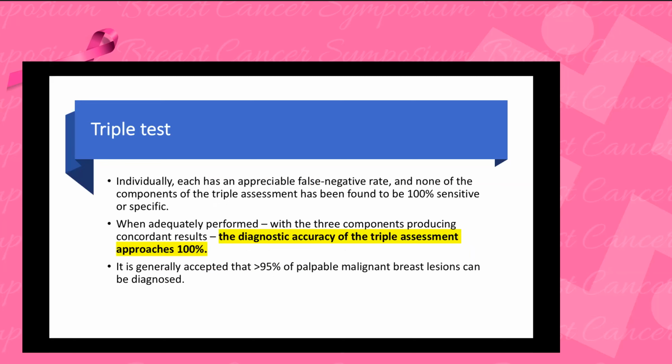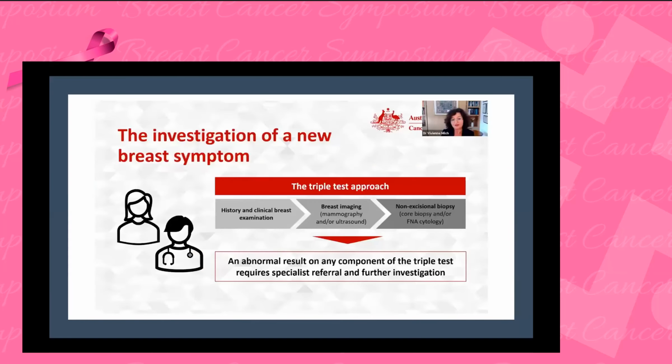But when we perform them together, we can produce very good results with a diagnostic accuracy of about 100%. And it is generally accepted that about 95% of palpable malignant breast lesions can be diagnosed if we use these 3 tests together.